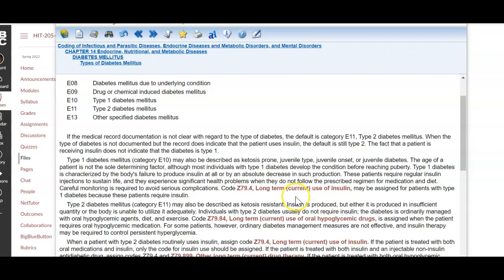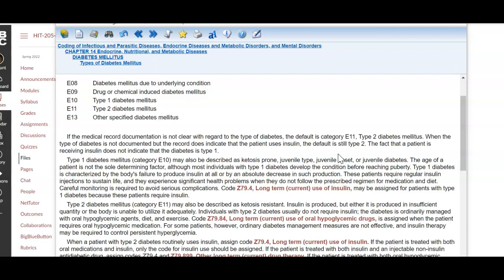The other thing that I want to point out here is if the medical record documentation is not clear with regard to the type of diabetes, the default category is E11, type 2. When the type of diabetes is not documented, but that record does indicate the patient uses insulin, the default is still type 2.